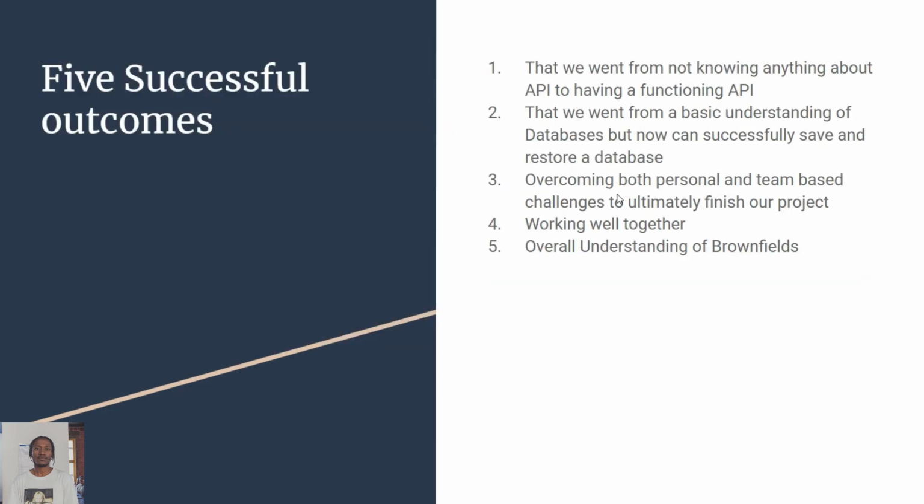One of them was that we went from not knowing anything about APIs to having a functioning API. 2 was that we went from a basic understanding of databases, but now can successfully save and restore a database. 3, overcoming both personal and team-based challenges to ultimately finish our project. 4, working well together. And the last one was overall understanding of brownfields.